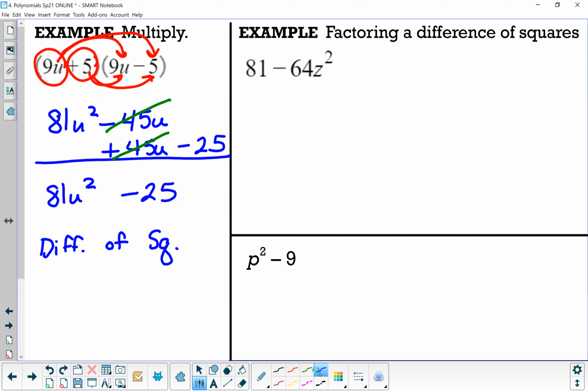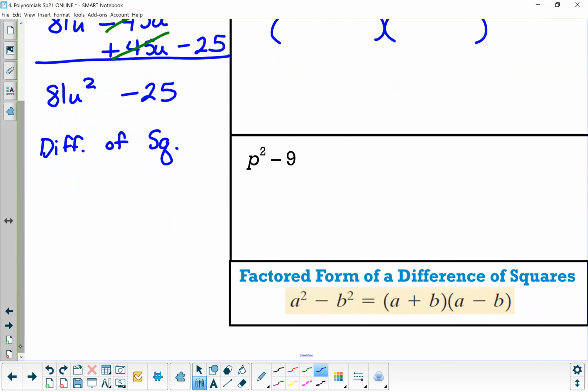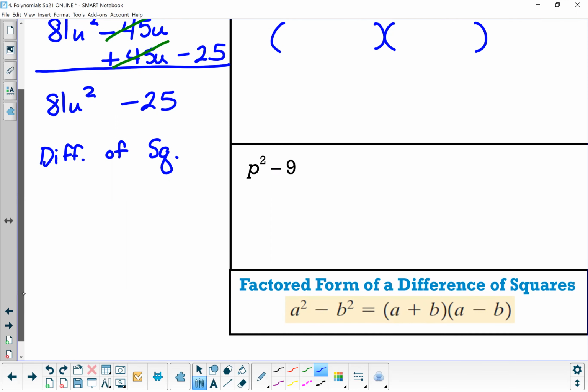You can obviously use the AC method, but I recommend you use what I'm considering a guess and check method because of the pattern. So we know that if we have a squared minus b squared, it's always going to factor into this pattern of parentheses a plus b, close parentheses, parentheses a minus b.